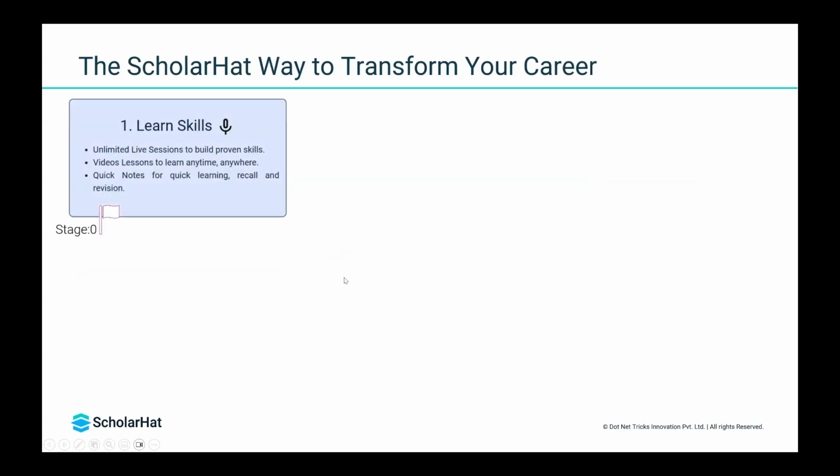So how can Scholarhead help you to become an Azure AI and Gen AI engineer? At Scholarhead, we are offering the training program in 3 stages. In stage one, we have learning live. All the training programs are live, and everyone has unlimited live session access for 1 year.